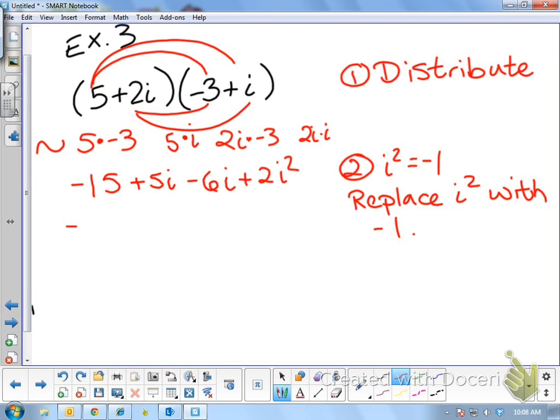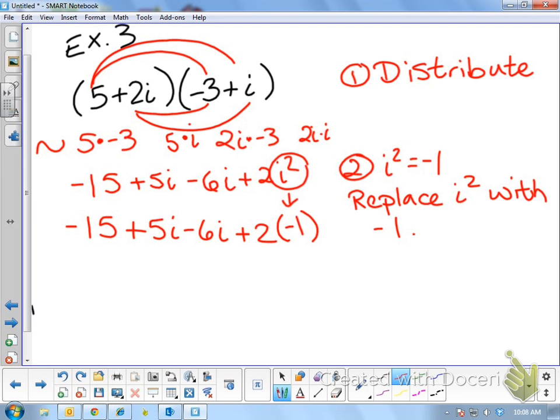So we have negative 15 plus, we'll just rewrite the whole thing, 5i minus 6i plus 2, and instead of writing i squared, that whole thing changes to be negative 1. And it's 2 times negative 1 because that's 2 times i squared.